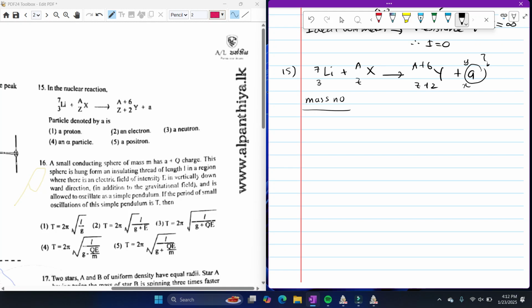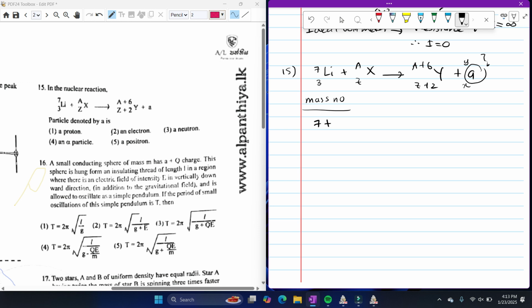One might think that since A is given just as A, both mass number and atomic number are 0, but you can't consider that because we are asked to find what A is. A has a mass number and a specific atomic number, so you need to define those variables and find y and x first. Thereby we can conclude whether this is a proton, a neutron, an electron, whatever. So let's balance now.